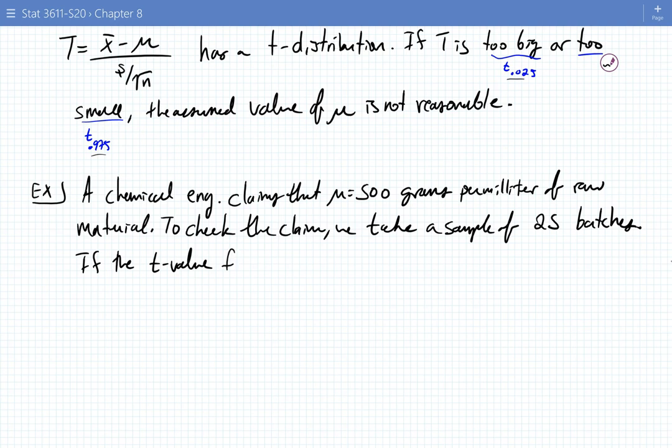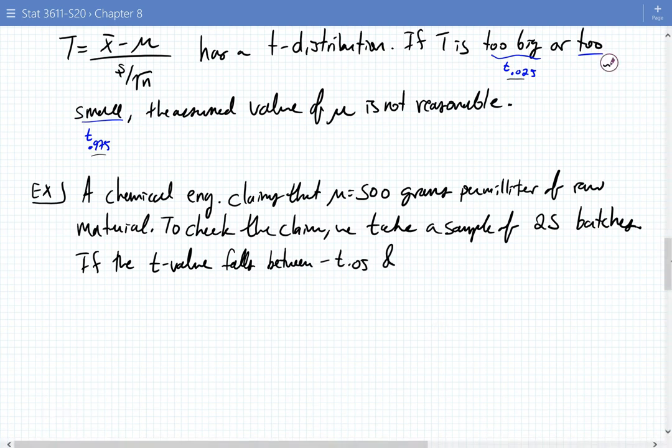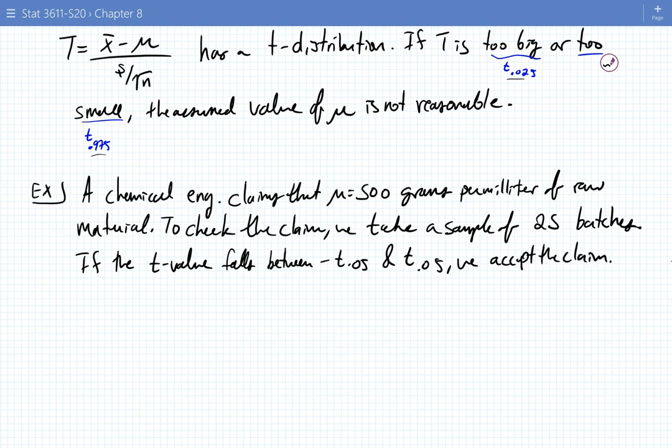So the way this problem is phrased is as follows. If the t-value falls between negative t of 0.05 and t of 0.05, we accept the claim. Because remember, when we look at the table for the t-distribution, t of 0.975 is not available for us in the table.